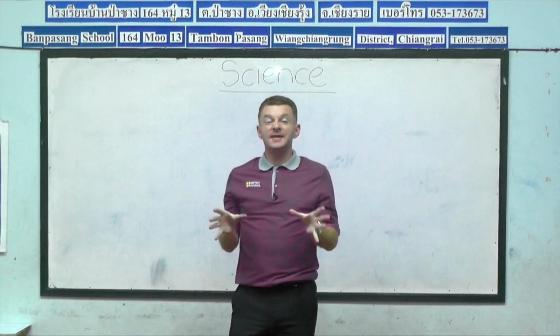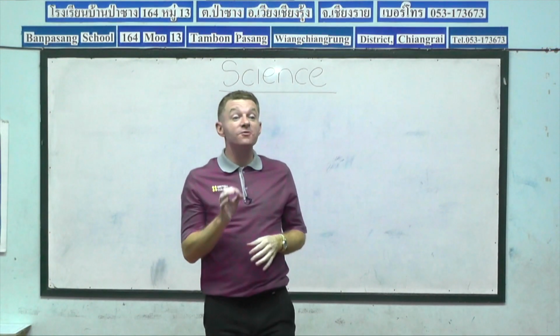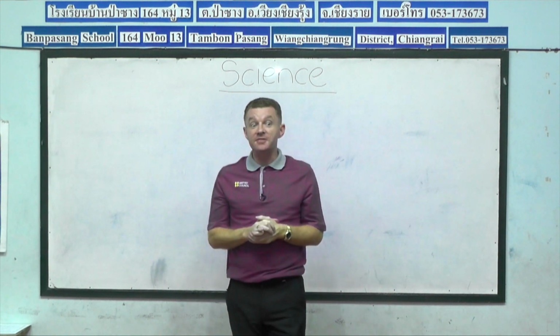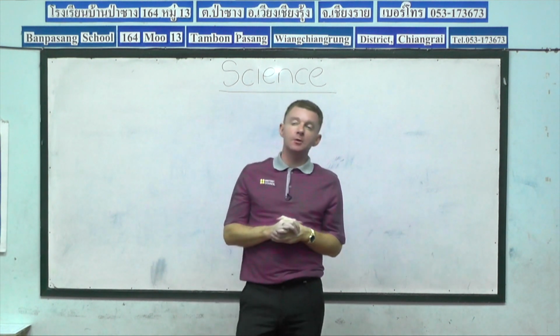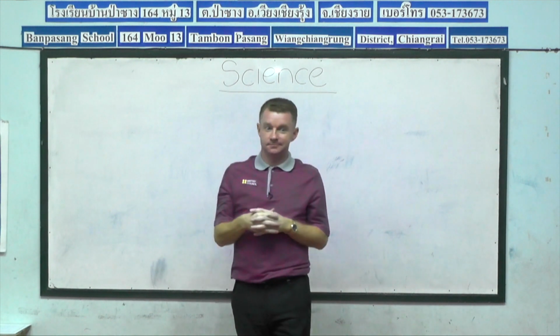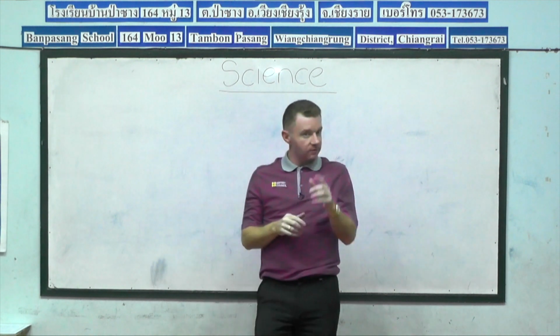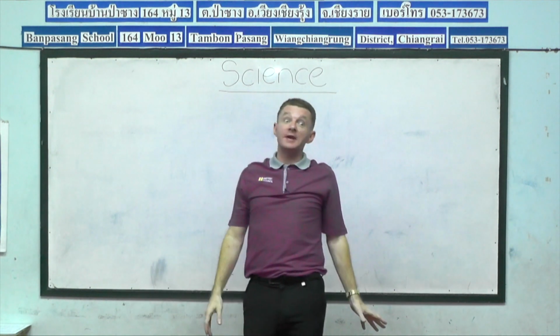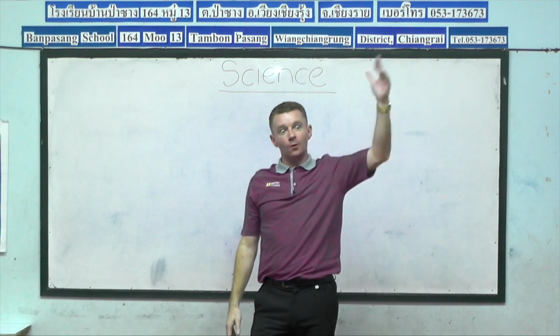Now, today in science class, we're going to begin learning about a whole new topic. The name of this topic is something we will see at night time if we look into the sky. If we look up at night time, will we see light or dark?